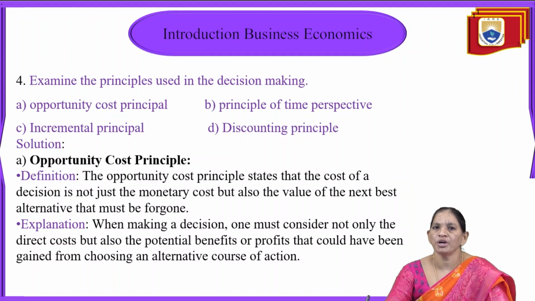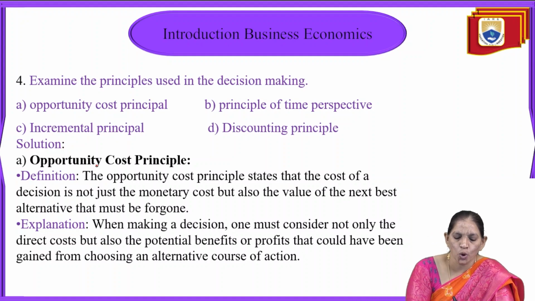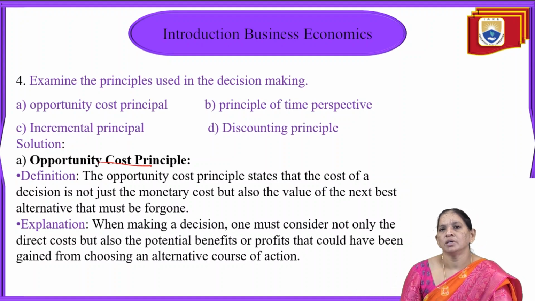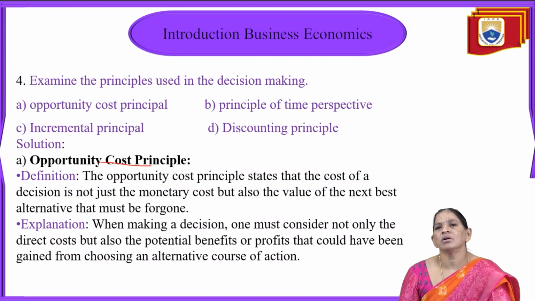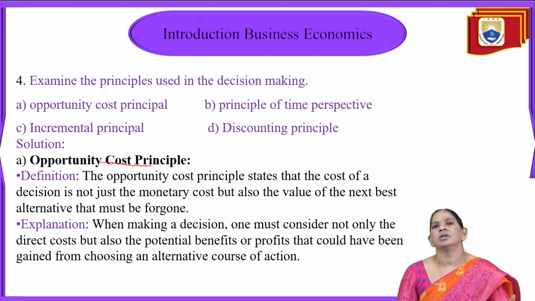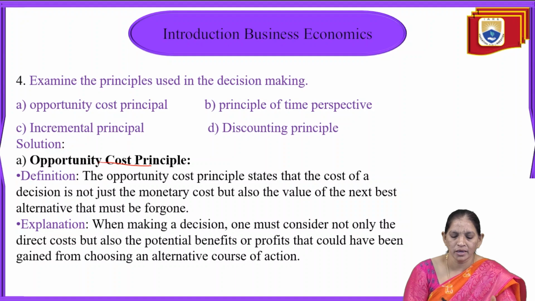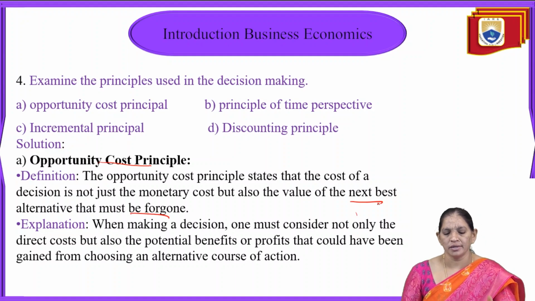We see them one by one. The first one is the opportunity cost principle. Opportunity cost is nothing other than the foregone cost or the next best alternative, sometimes called sacrificed cost, the next thing I could do. In the monetary aspect, it is the foregone cost or the next best alternative.